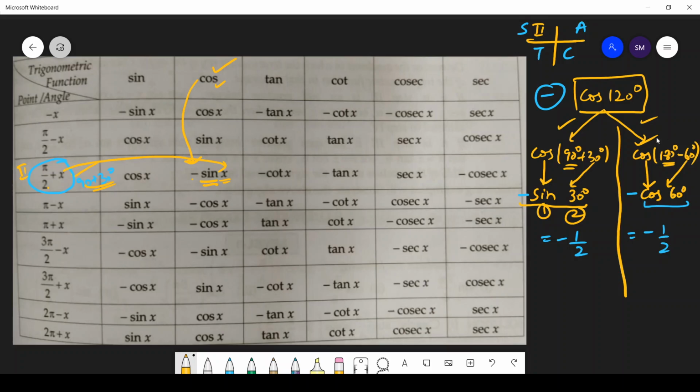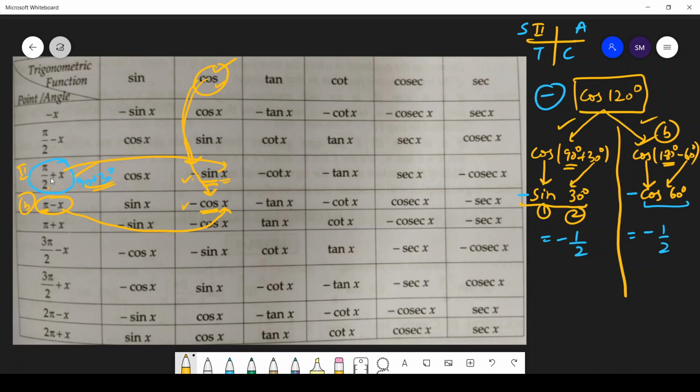Now what we did here with cos 180, we used this second way, the b way. Here it is the same cos, since it was 180, so cos will remain the same, no change in the cos. This angle also we write here. Now cos is negative in the second quadrant, so we write the negative sign.